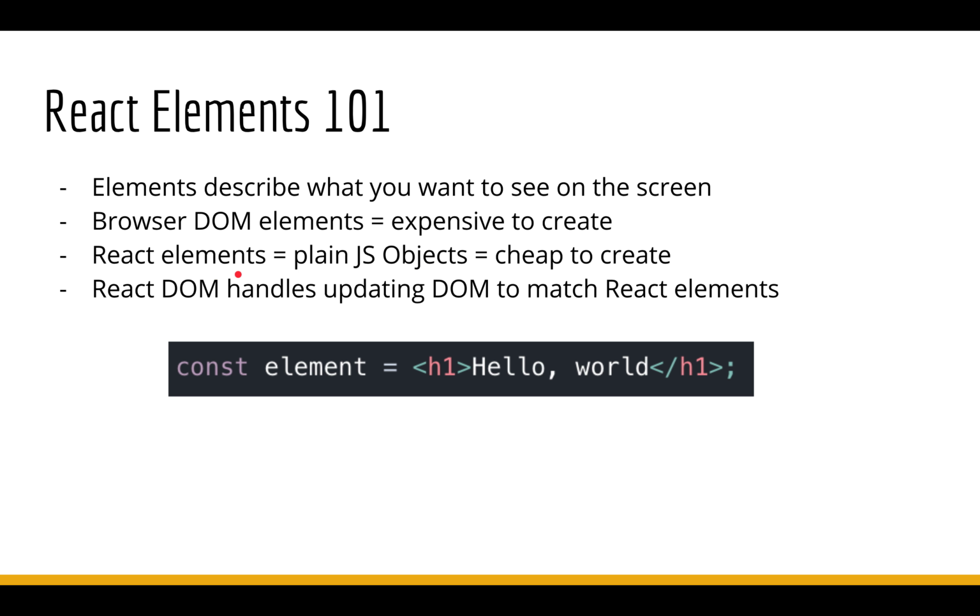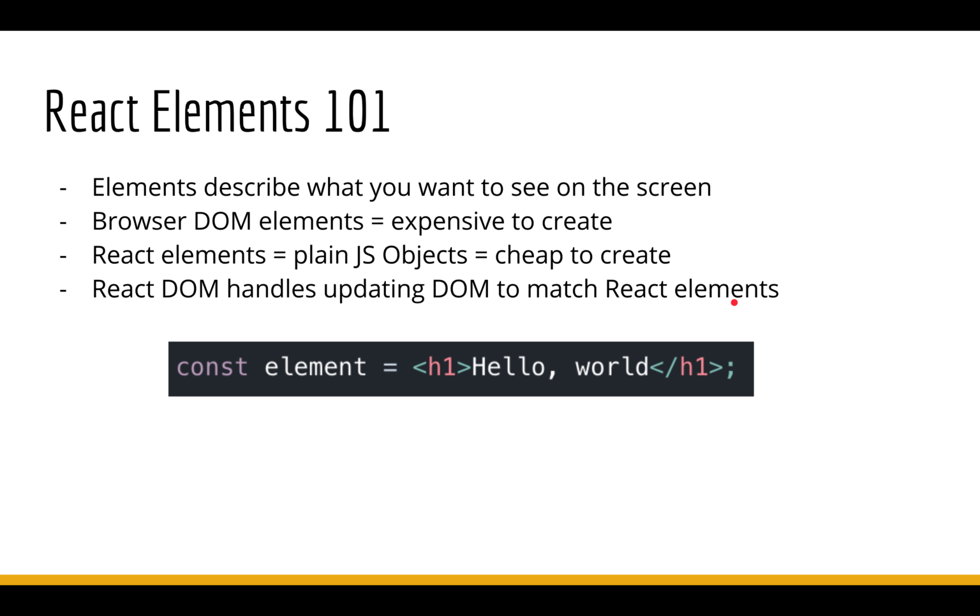But React elements, on the other hand, are just plain old JavaScript objects, and JavaScript objects are really cheap to create and store. And what React DOM does is it handles updating our browser's DOM to match the React elements that it is given.